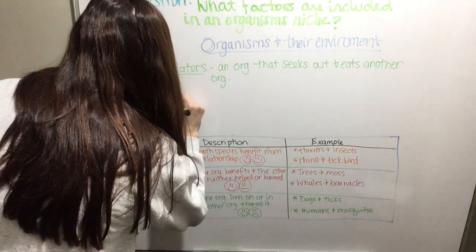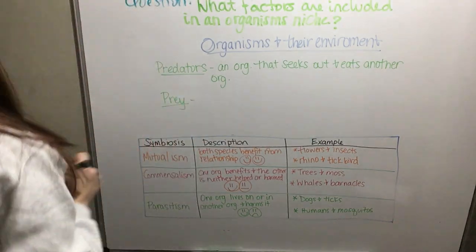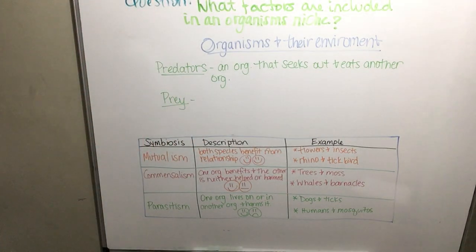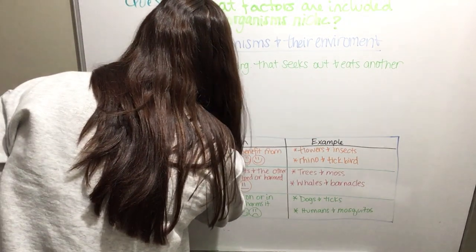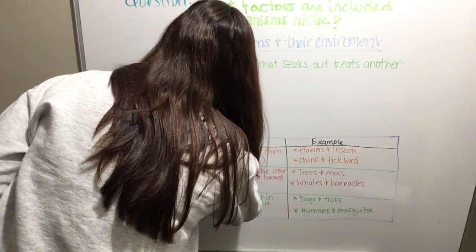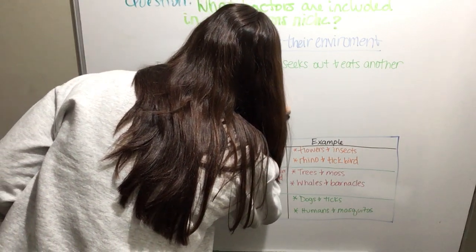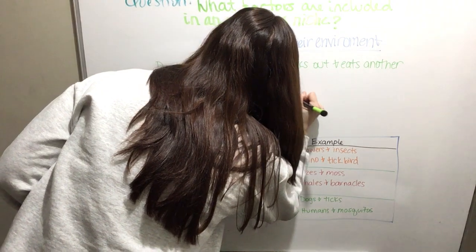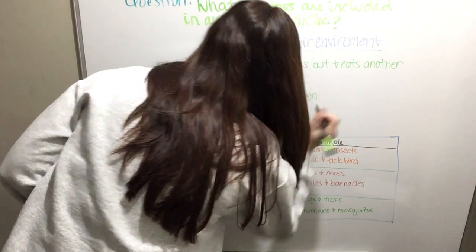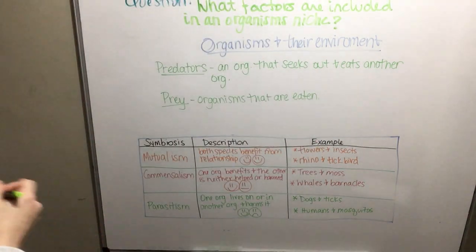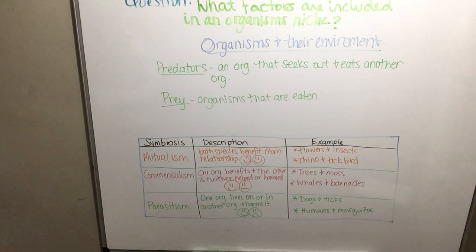And prey is the organisms that are eaten. There you go. So these are your notes for this section. So this is section 4 notes, organisms and their environment.